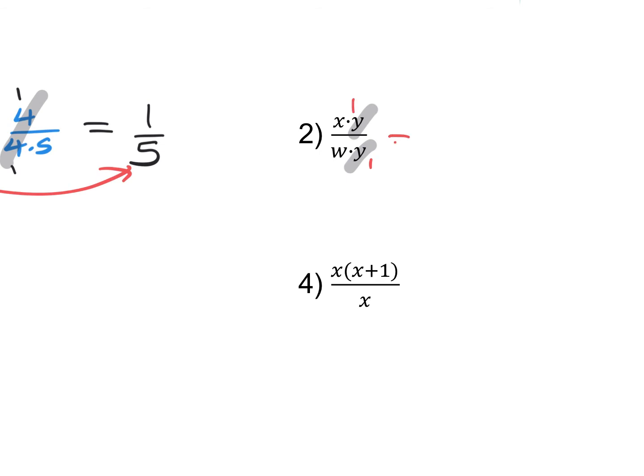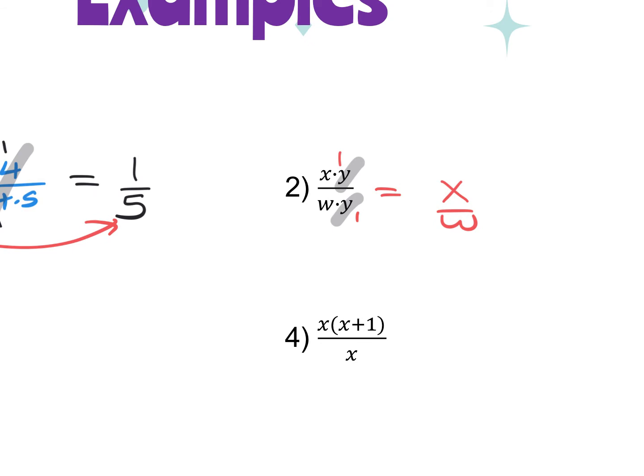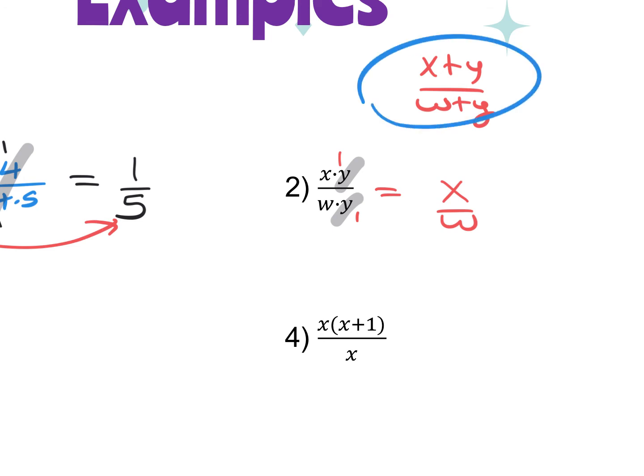And now I'm just left with x over w. Now, if it looked like x plus y over w plus y, this would already be simplified. When it's a plus or a minus sign in between them, I cannot cancel it because I would need to look for an identical match because it's grouped together.